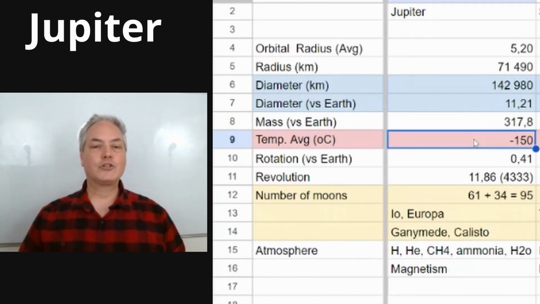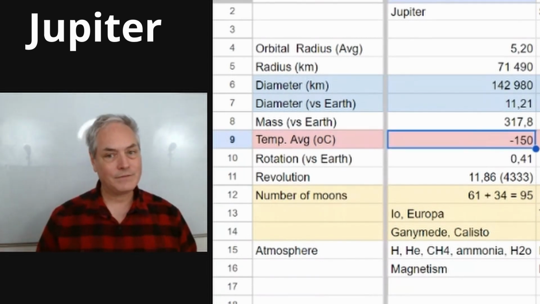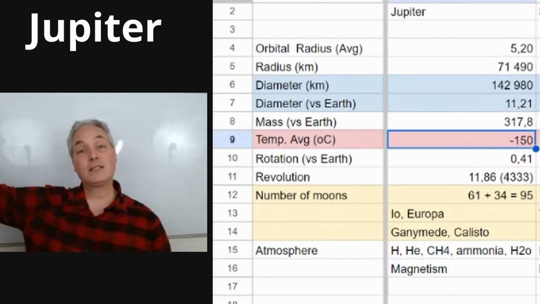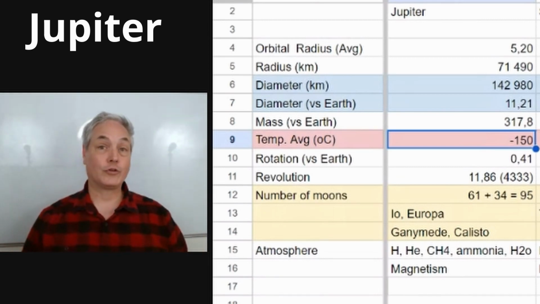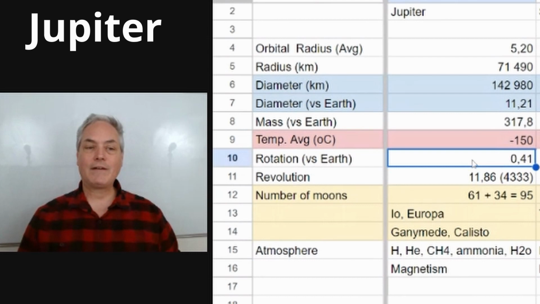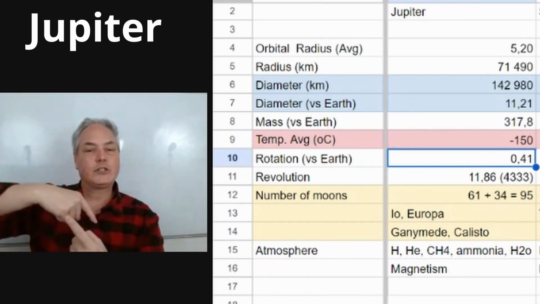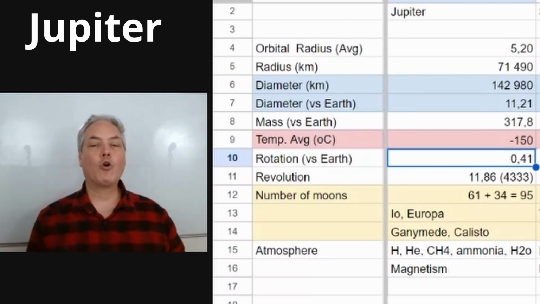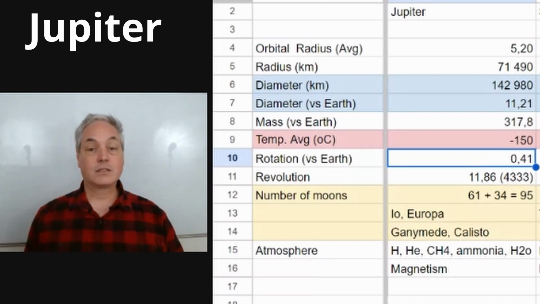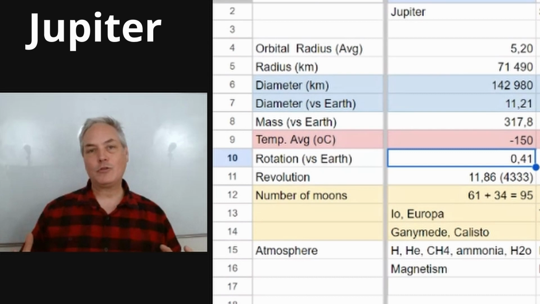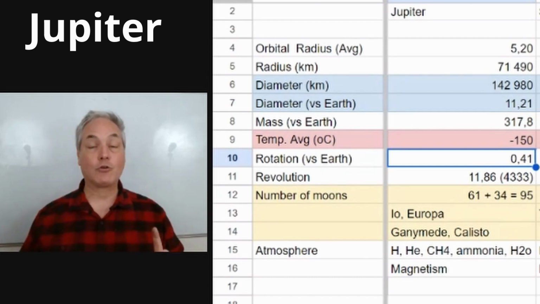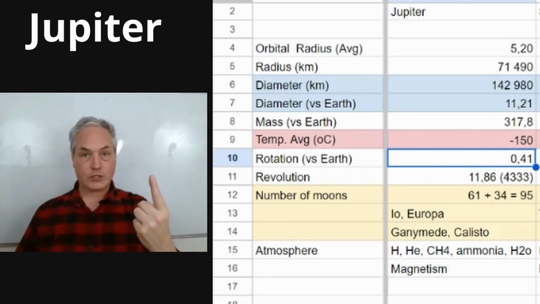We also have an average temperature of negative 150. So here we're going away from the sun. It is much colder indeed. But an interesting fact about Jupiter is that the time it takes for rotation is 0.41 Earth day. So that means that we have 10.2, 10.3 hours for a full rotation. Think about that.